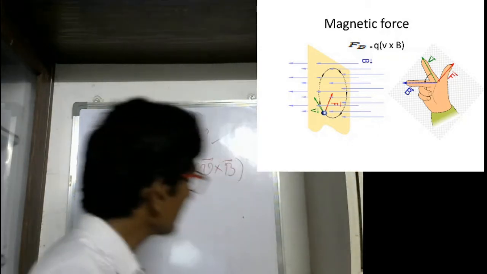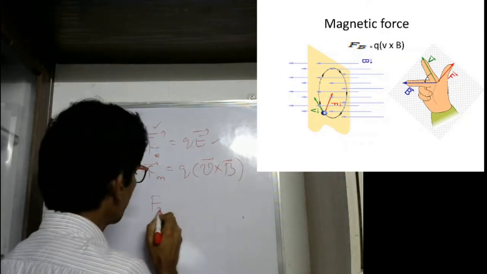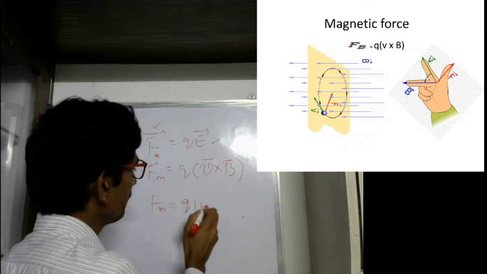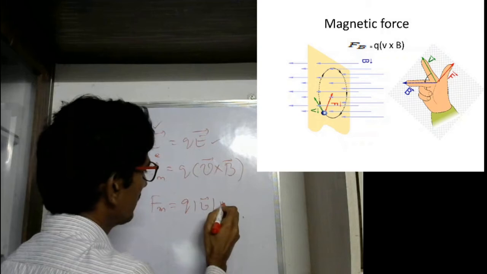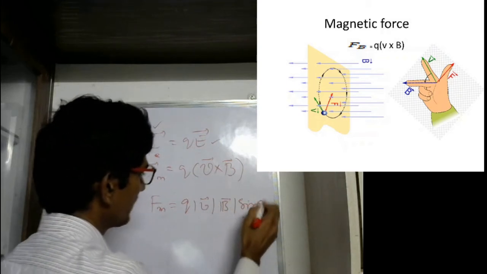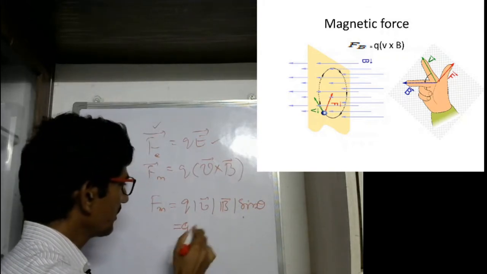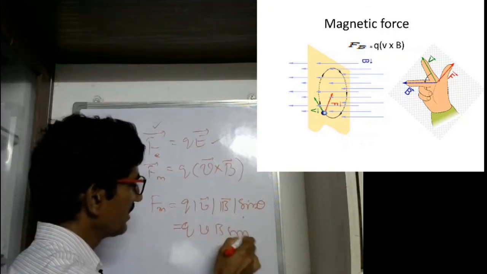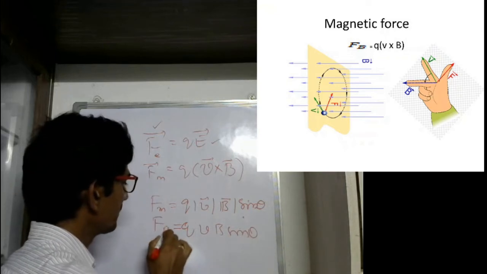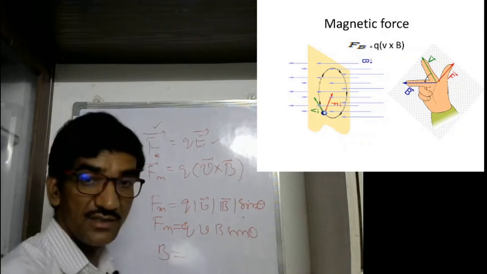See how to define. Let us write the full equation. Fm is equal to Q V B sine theta. Now what is your B magnetic field?